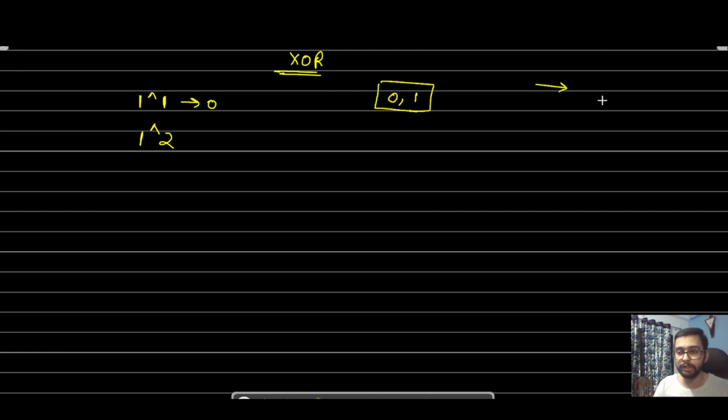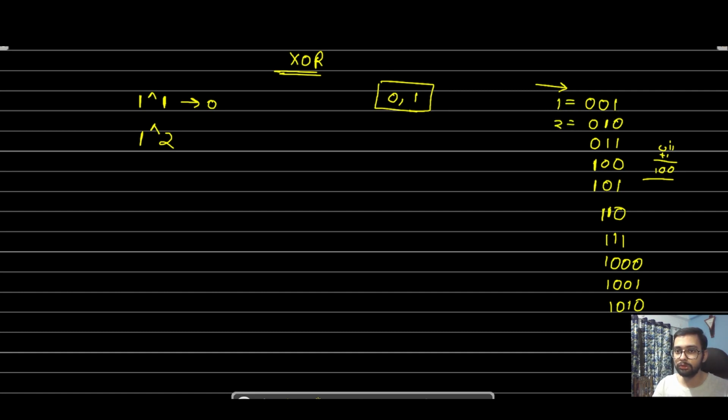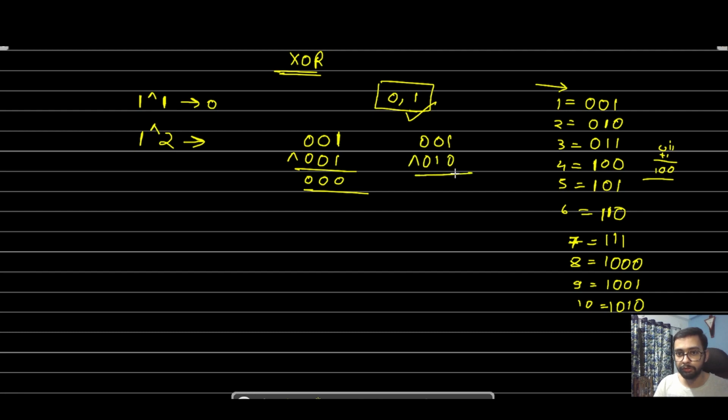What I'm trying to say is that every number in the system has a binary form, and binary works with either 0 or 1. Then if we XOR 1 with 2, what will be the value? It will be 110, that is 3. The answer will be 3. So this is the basic approach of how XOR works.